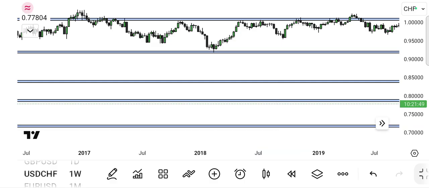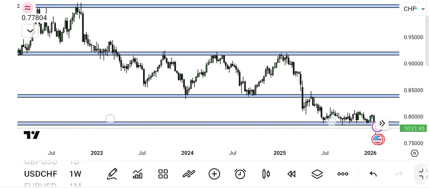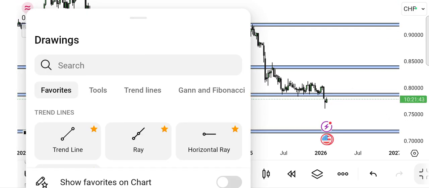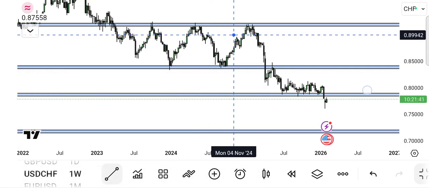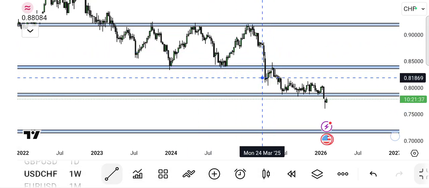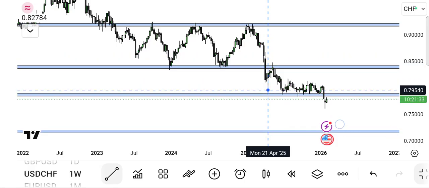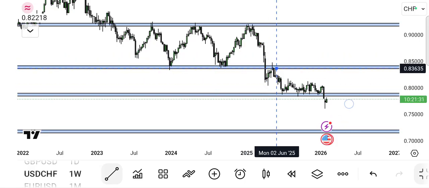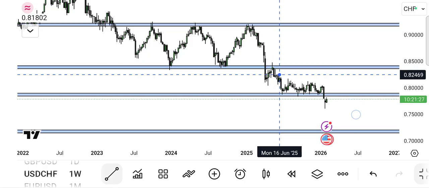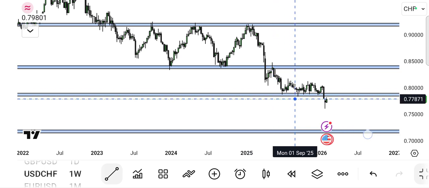On the weekly time frame, we could see a clear double top, and the market cleared the double top with a 1 week candle. We saw a potential pullback to the resistance zone, and that caused the push to the next key level, that was here.